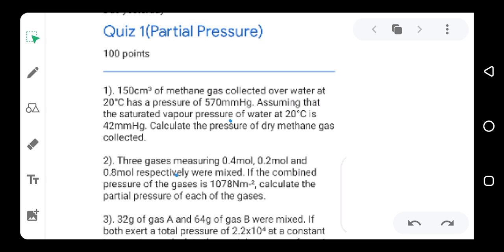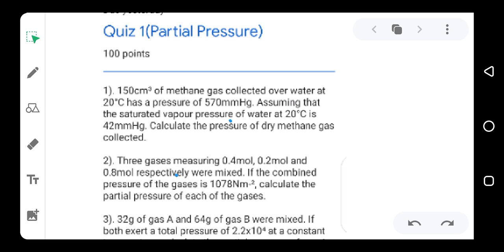Now the question is saying that we collected methane gas over water, and like I explained in the main class, whenever you collect a gas over water, the pressure of the gas will be mixed with the pressure of water vapor, that is gaseous water. Water evaporates, it turns to vapor and escapes.